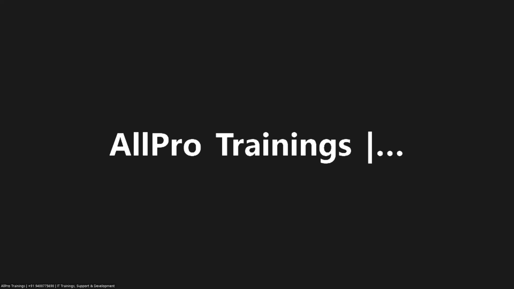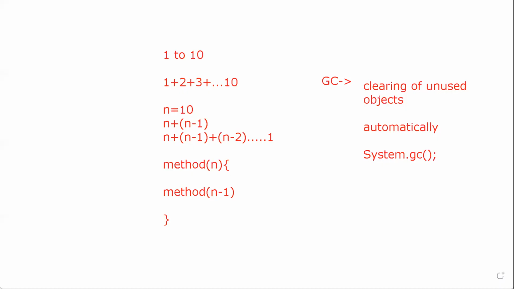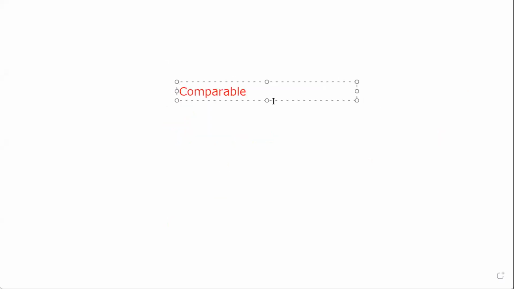Let me explain that. Comparable means a single sorting instance. For example, you want to sort the students on student ID. Go ahead, use the compare method and sort.